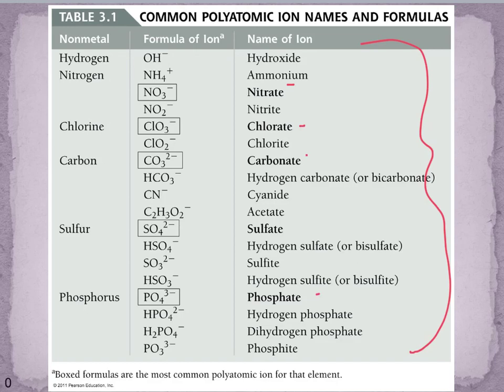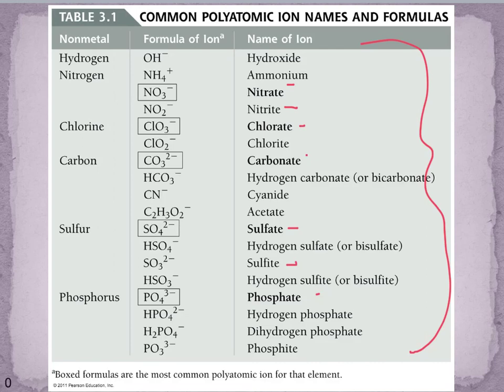So we have nitrate, which is NO3 minus. Nitrite is NO2 minus. Notice that the ITE ending has one less oxygen than the ATE ending, and it has the same charge, and that pattern will continue. If I look at sulfate and sulfite, sulfate has 4 oxygens and a 2- charge.